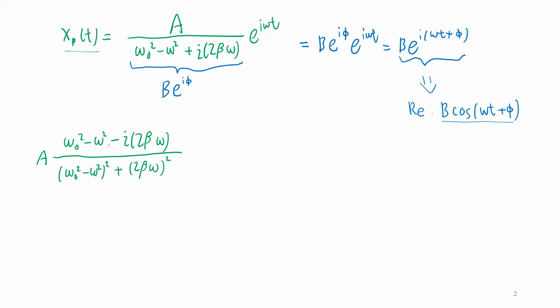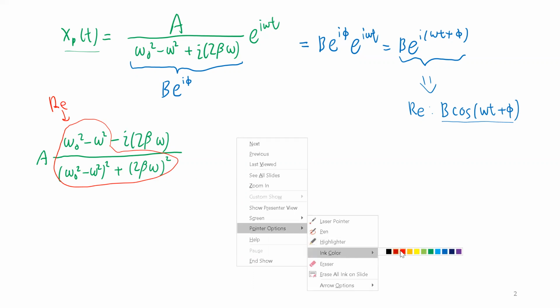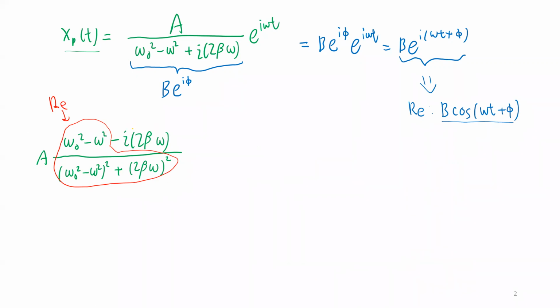Of course, this would be the real part of this whole complex number, and this is the imaginary part of your complex number. So now, how do I find the b and this phi?